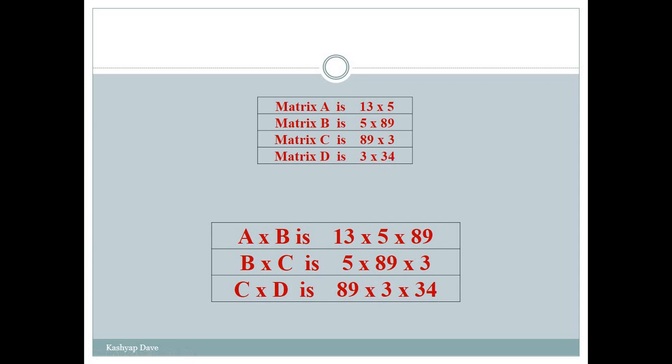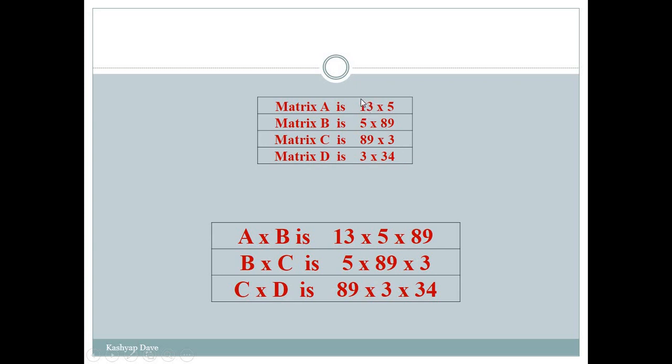Now if we want to multiply D with A, in that case we cannot, because in D the number of columns is 34, but in matrix A the number of rows is 13.